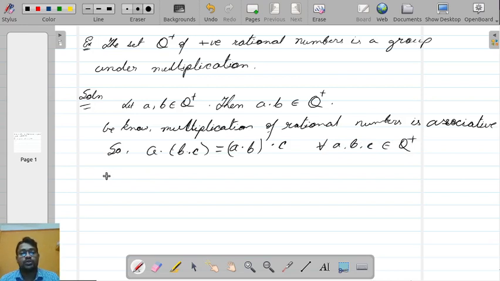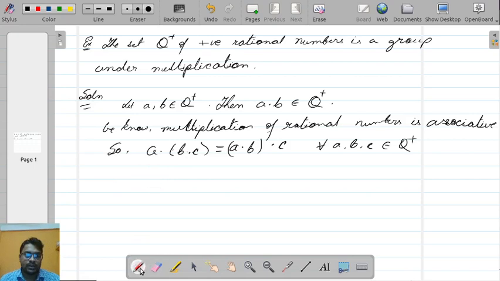Next we want to consider the existence of identity element. What will be the identity element? Which rational number E multiplied with A gives you A itself? The answer is 1.